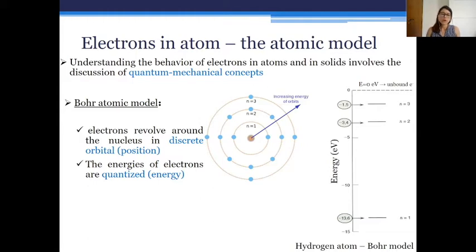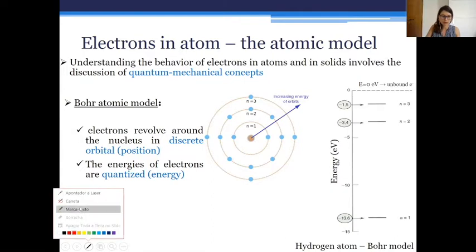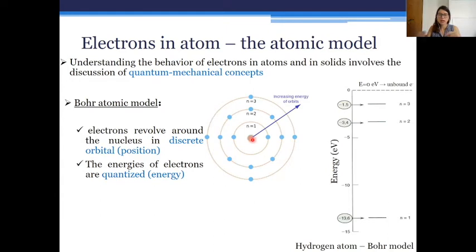So let's come back to the Bohr's atomic model. If you remember, the Bohr's atomic model said that we have the nucleus right here that is represented in orange. And around it, we have the electrons that revolve around the nucleus, but they revolve in discrete orbitals, in discrete positions. The energy of each orbital has one specific value.